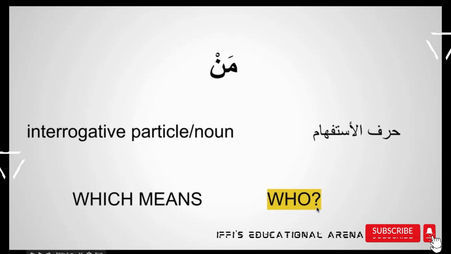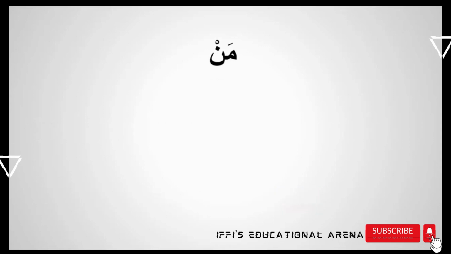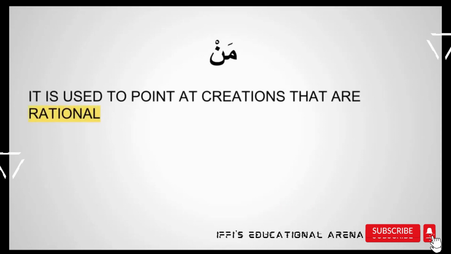When we use who, probably we wouldn't realize that we use who mainly to ask questions about people, like who is this man, who is this boy, who is this girl, who is this lady. It's the same way man in Arabic is used to point at creations that are rational. So what do you mean by rational?